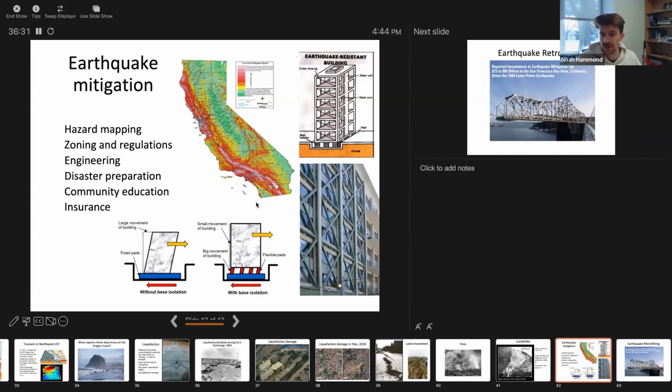And another thing people are doing these days is at the base of large apartment buildings, they actually put shock absorbers below, so that when the ground shakes, it doesn't shake the building, and the building can stay closer to still while the ground below moves back and forth, and the motion is absorbed by these flexible shock pads.